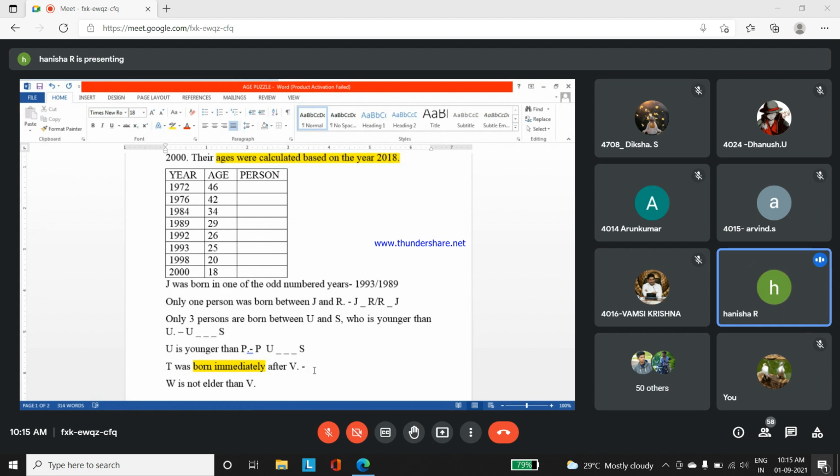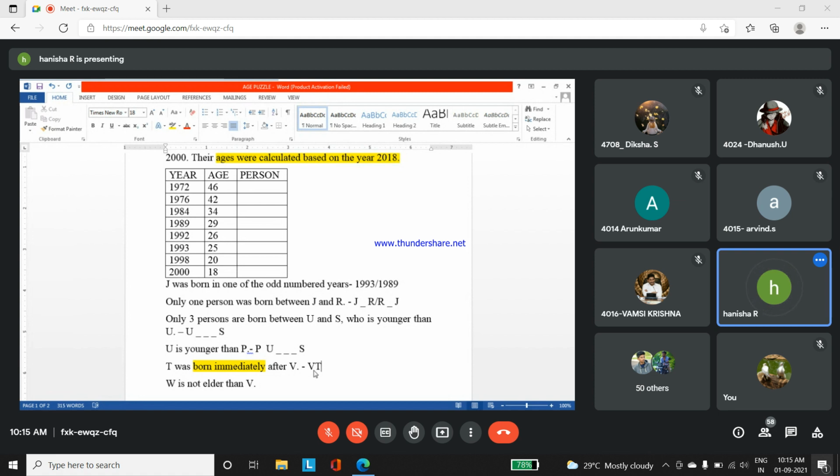So T was born immediately after V means V and T will have an age difference of only 1 year. It will not be like V was born in 1972 and T was born in 2000. If V was born in 1972, then T will be born in 1973. This is the meaning of immediately. So you have only a difference of 1 year. You can write it as V and T.